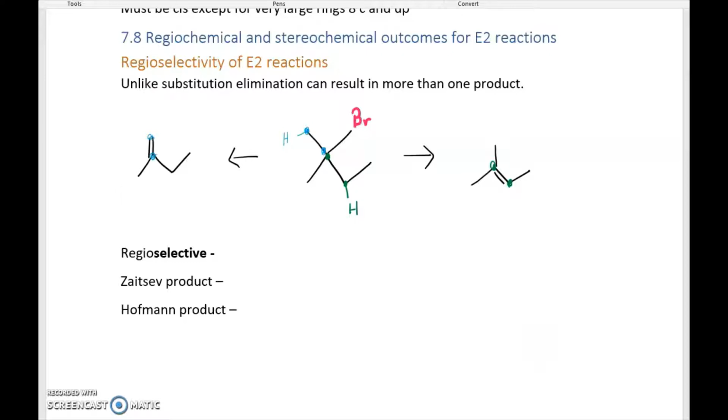It's called regioselective because both compounds are produced, but in different amounts.